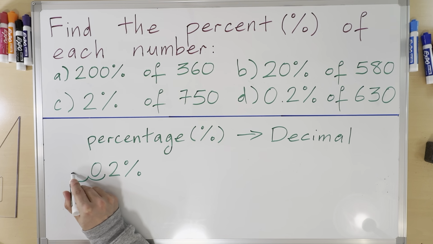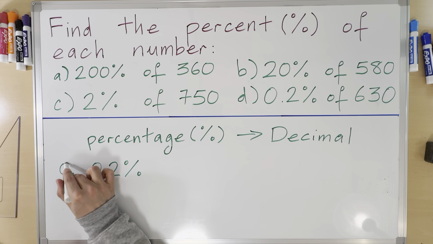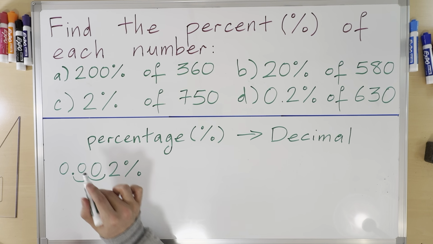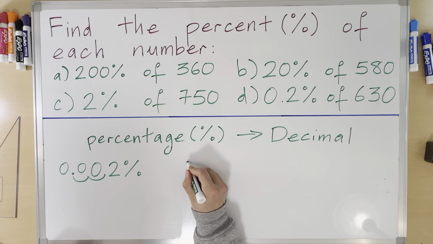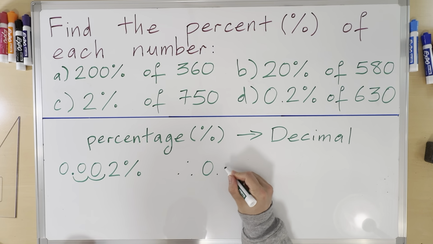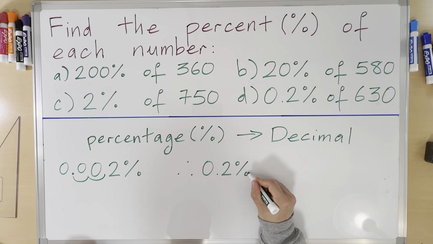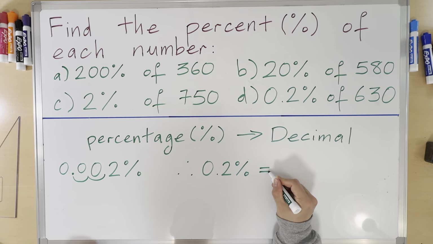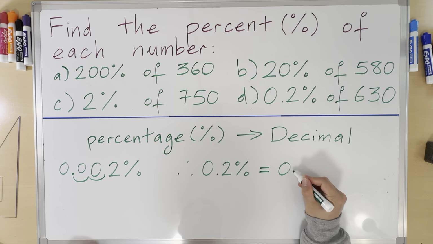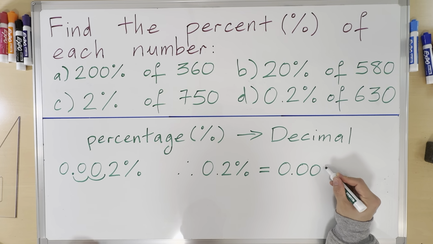Here's the location of the new decimal. We're going to place 0 and 0 right here. And so therefore, 0.2% is equal to 0.002.